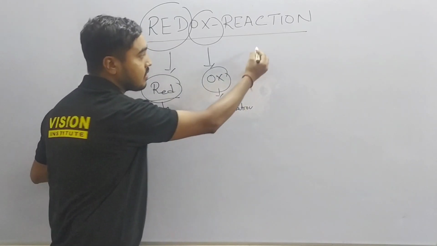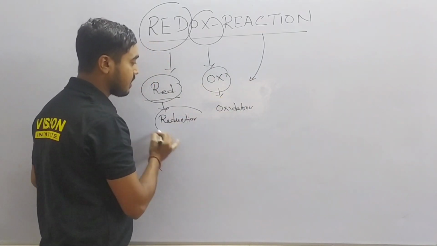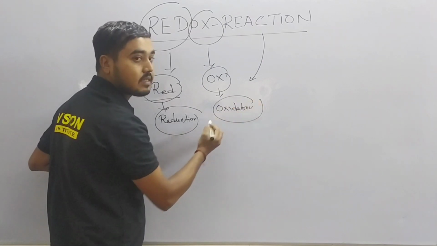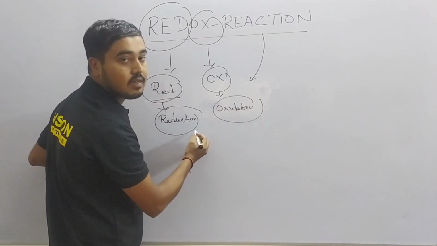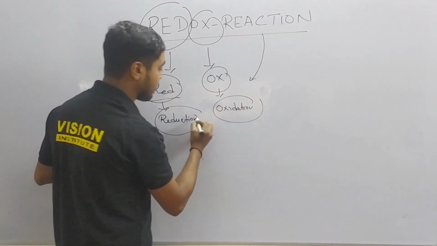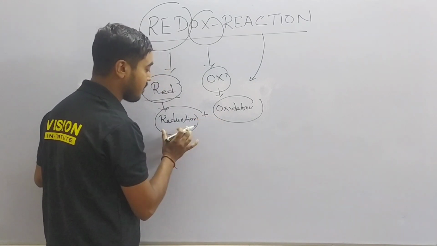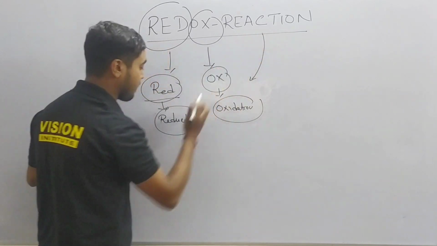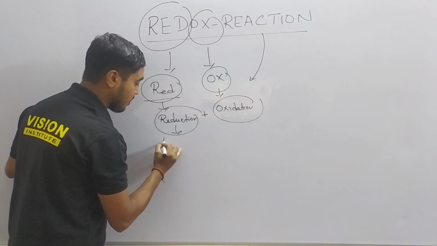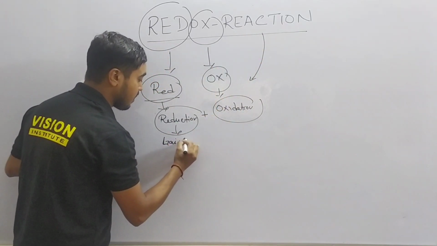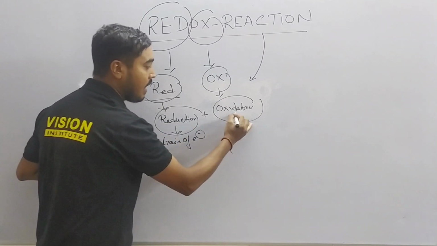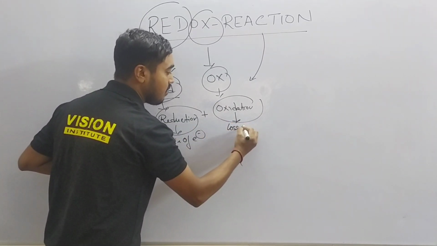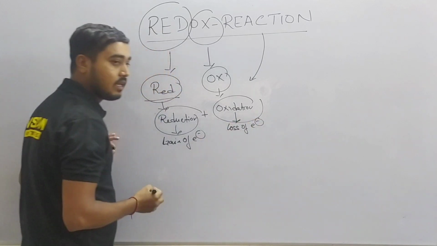So the reactions which undergo reduction and oxidation simultaneously are known as redox reactions. Reduction means gain of electrons and oxidation means loss of electrons.